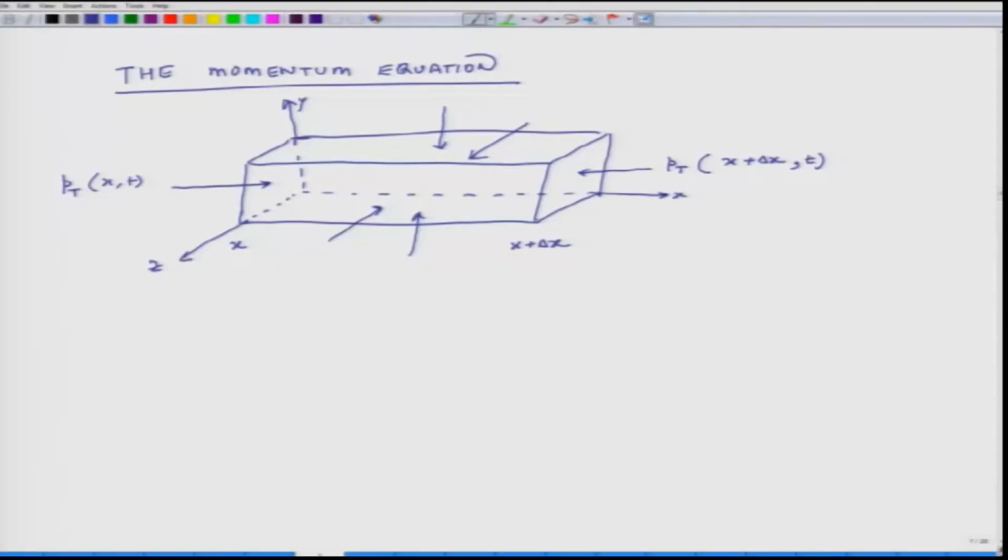At x equal to x, the pressure is P t at location x and time t, and at x equal to x plus delta x, it is a slightly different pressure.